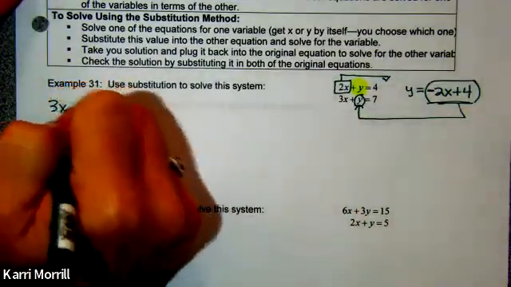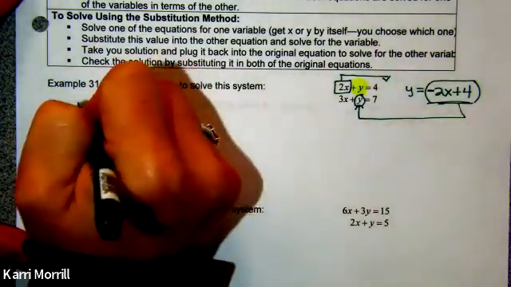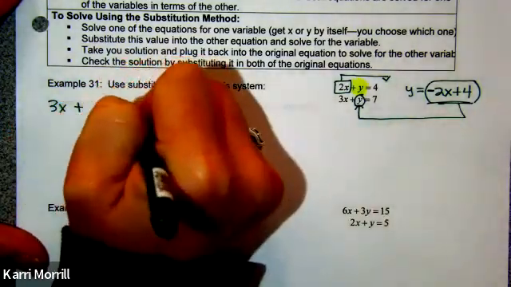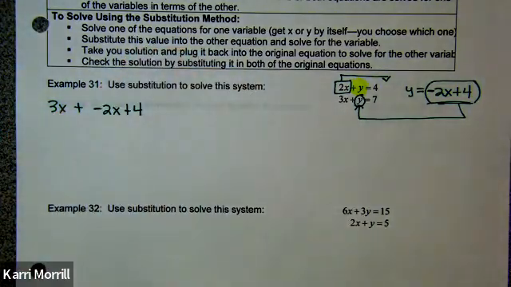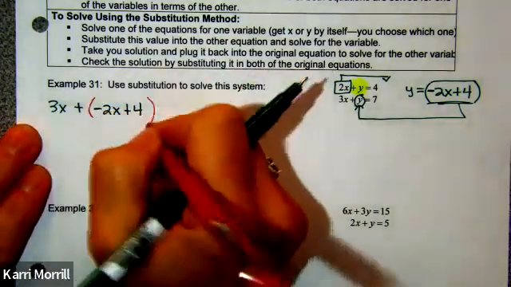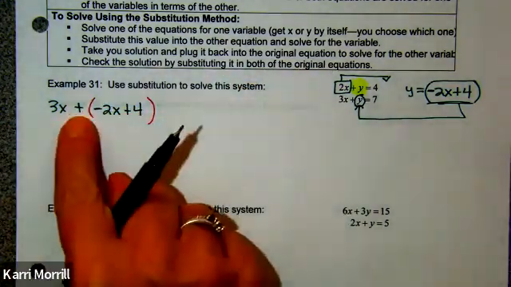We have 3x plus, and this is a negative 2x plus 4. I'm not gonna put the parentheses around it because I don't really need it. There wasn't a number in front of y, so I just don't want to make it look that busy. But you can. Now I guess I'll do it in red, but really you're just gonna have to be ignoring those because we have a plus sign.